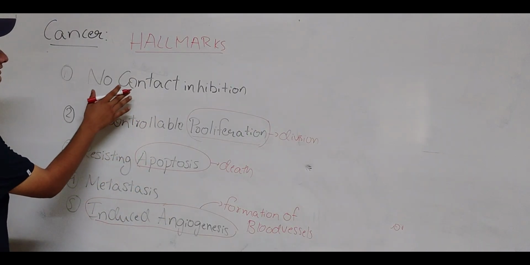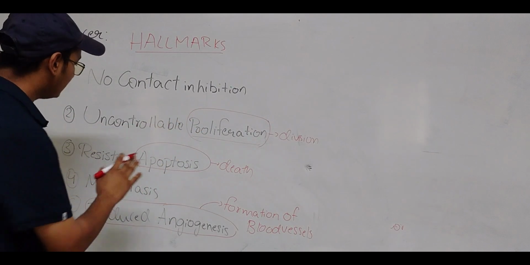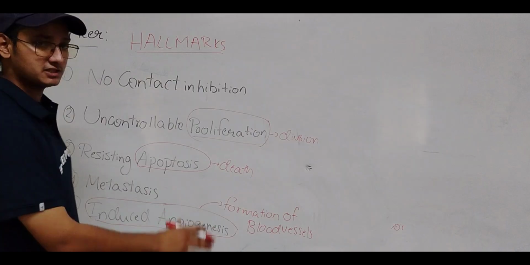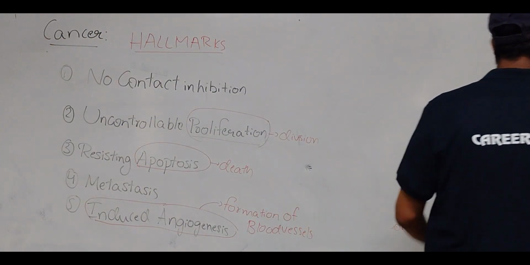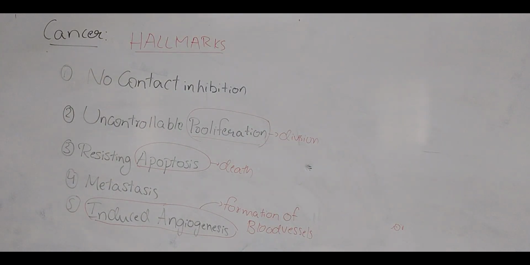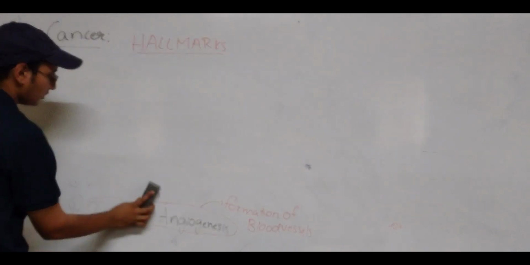So remember all these things: no contact inhibition, uncontrollable proliferation, resisting apoptosis, metastasis, and induced angiogenesis in cancer cells. So then we have the agents which are causing cancer.